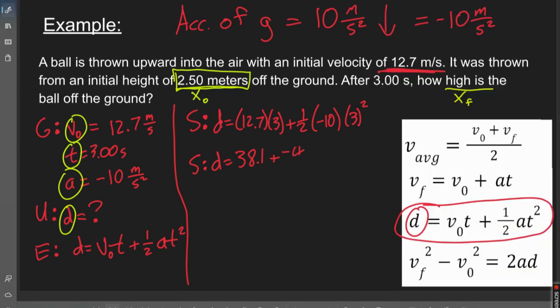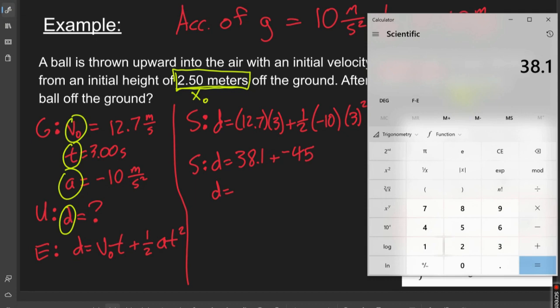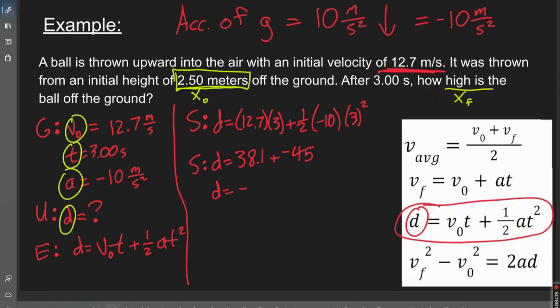All right, so negative 45. Okay, so our displacement, 38.1 plus negative, so minus 45, negative 6.9. And this is displacement, so that is in meters.